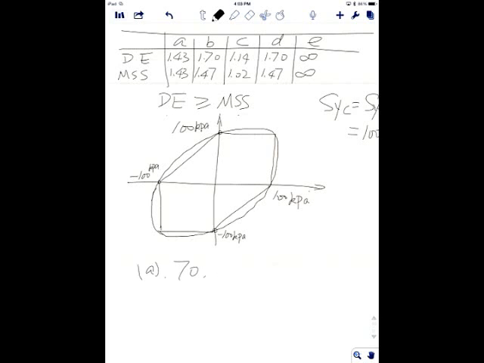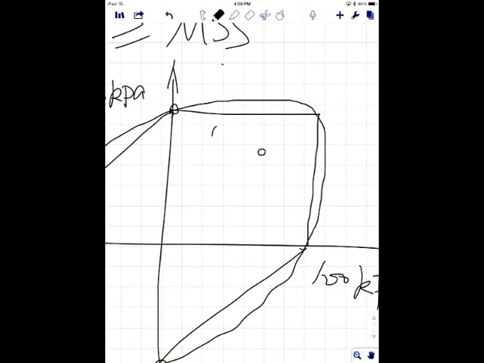Case A: Sigma X is 70 kilopascal, Sigma Y is 70 kilopascal, and there's no other loading. 70 and 70, so probably somewhere over here. So let's say this is 70 and 70.